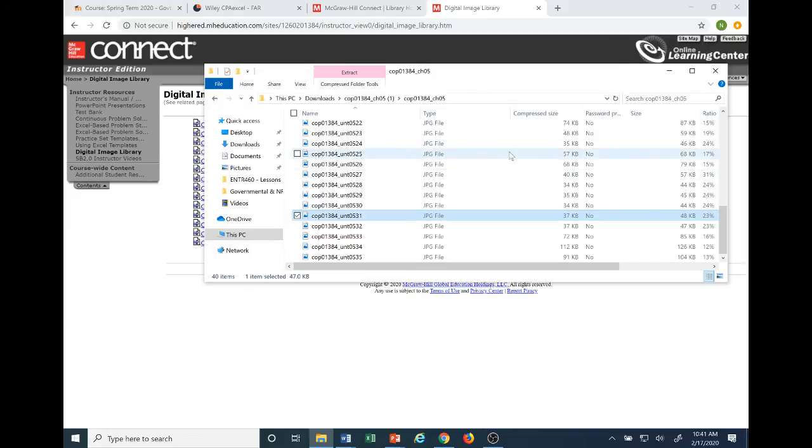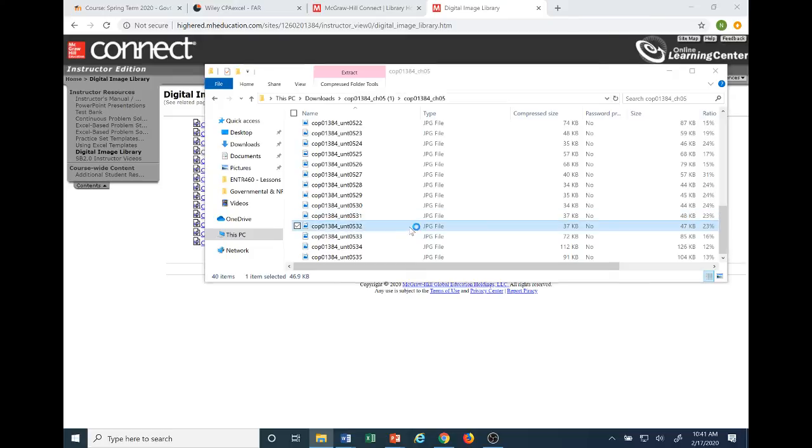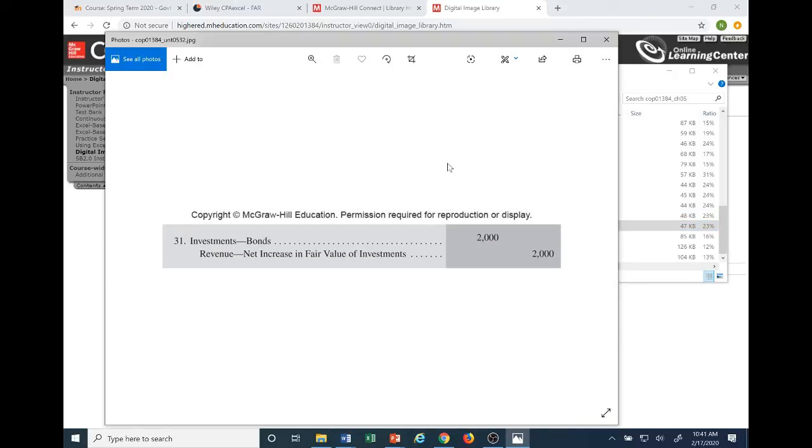So in this case, the bonds appreciated in value, right? They were 300,000. Now the carrying value is 302,000. So we've actually gained in our position. So now we're going to debit investment in bonds 2,000 because the investment went up. The investment was only worth 300,000, but now it's worth 302,000.